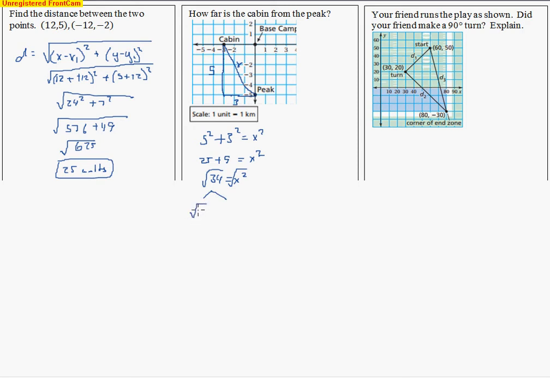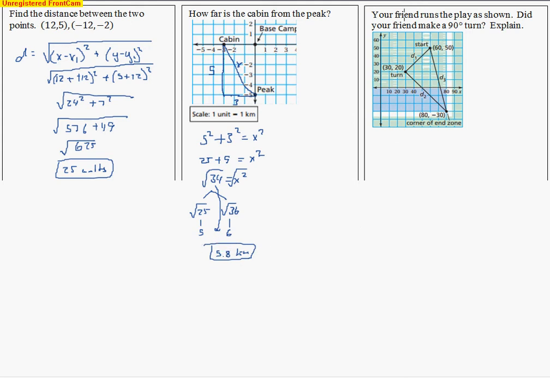We have some perfect squares that 34 is between, 25 and 36. The square root of 25 is 5, and the square root of 36 is 6. So the square root of 34 is going to be really close in between these two values, and a good approximation might be about 5.8 or so. At 5.8 units, where 1 unit is a kilometer, that's 5.8 kilometers. Pretty good estimation of what that is.